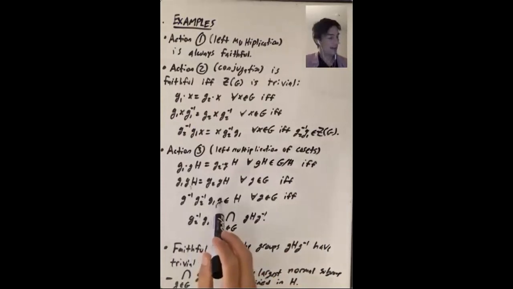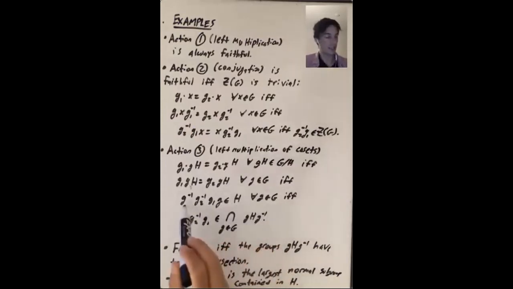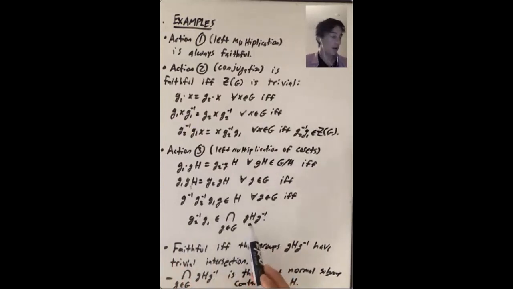Well, getting rid of this second g by multiplying on the right by g inverse, and this first g inverse by multiplying on the left by g, this is equivalent to saying that g2 inverse g1 lies in the intersection of all of these sets of the form g H g inverse. And remember, these aren't just sets. Conjugation sends subgroups to subgroups.